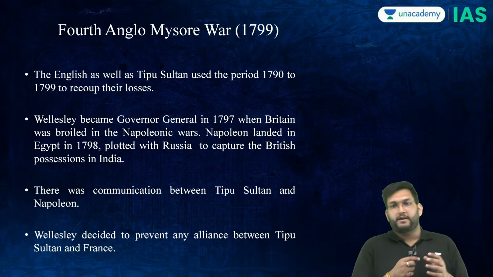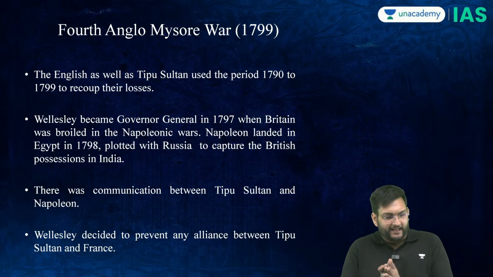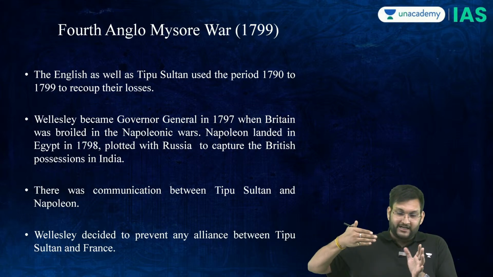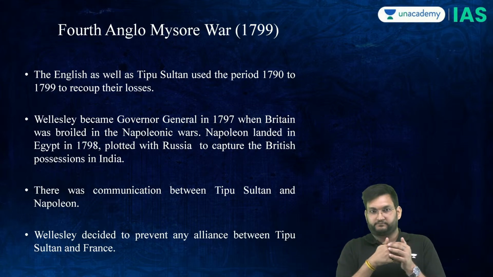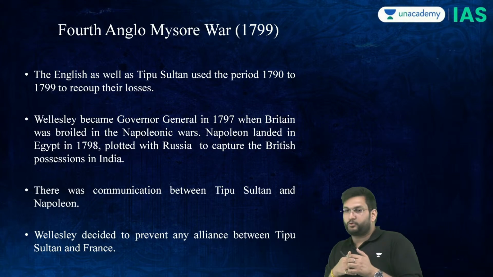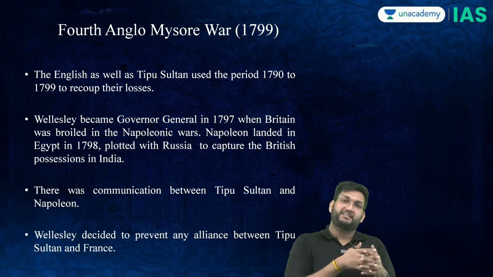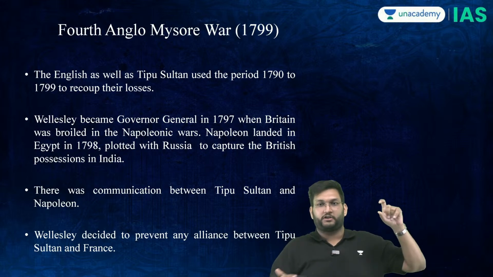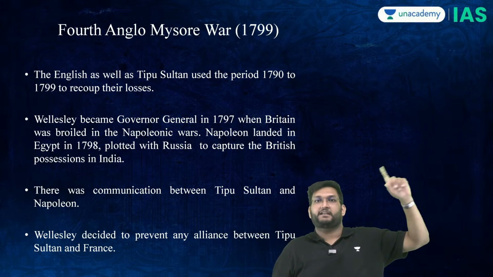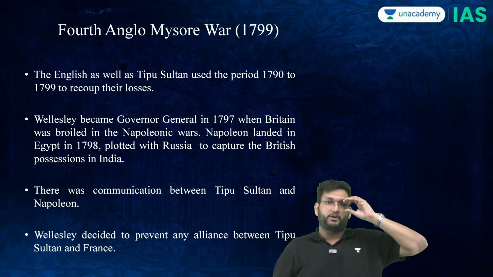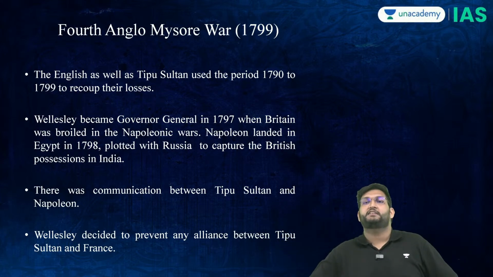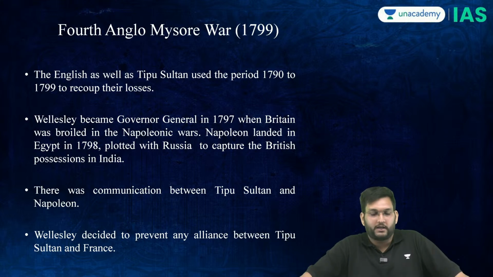And now with Wellesley in India, one thing was very, very clear, that he did not want Napoleon to give support to Tipu Sultan. Because if Tipu Sultan and Napoleon come together, then the British have a formidable problem, with the continental blockade coming in the British sector in the English Channel via Napoleon, then thereafter also declaring war in what is called the Napoleonic Wars in 1802.